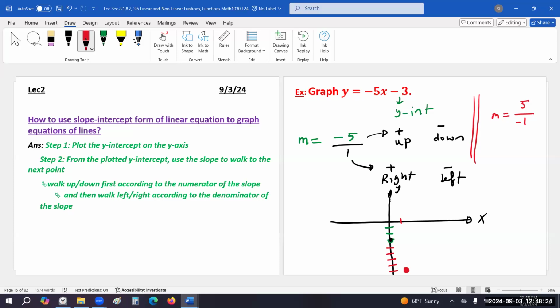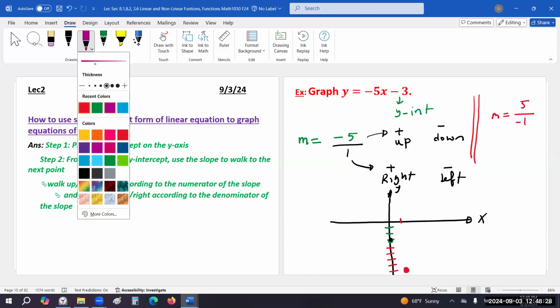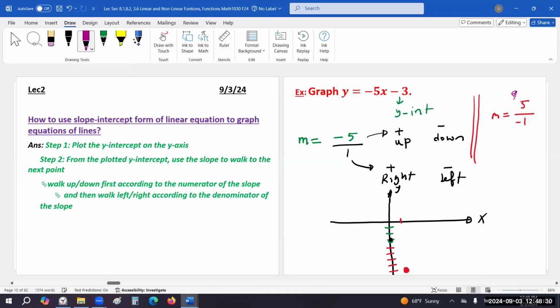I still have my -5 in the slope. But if I put it on the bottom, then look which direction we are going. +5 means which direction this time? Up 5. And now we have -1 on the denominator. Left. So starting from the same y-intercept, I'm going to go up 5, left 1.